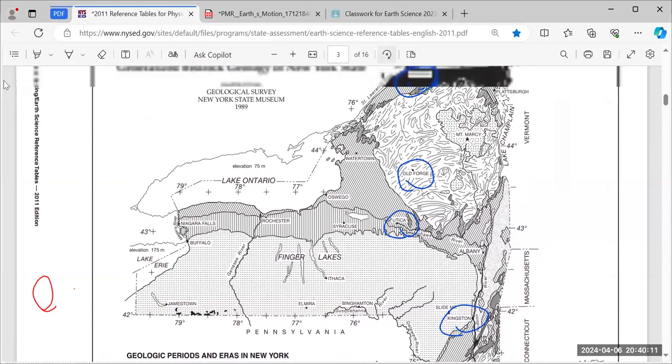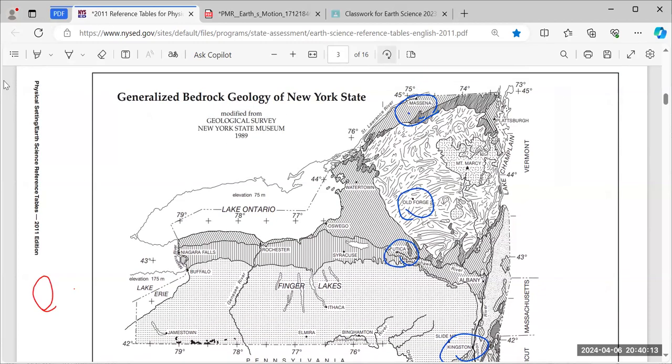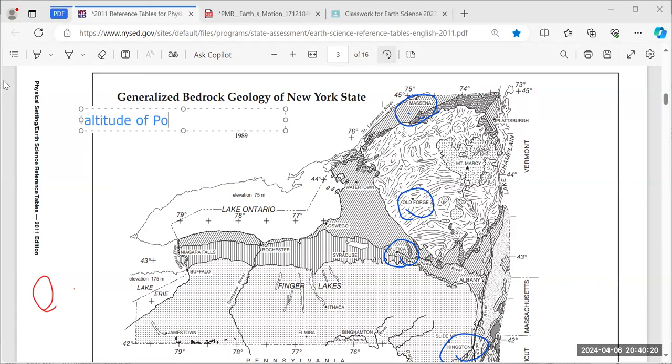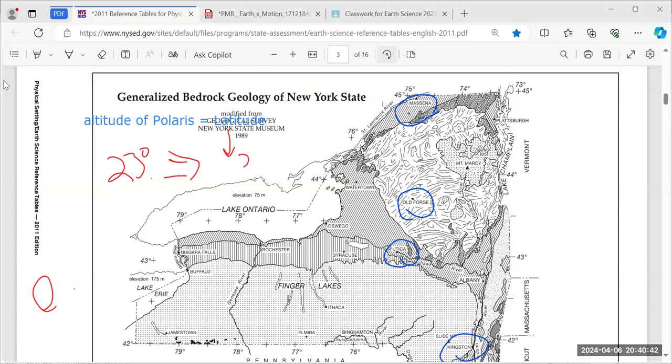So why is this important? Because one thing that we know is that the altitude of Polaris is equal to your latitude. So if I find Polaris, wherever I'm located, at a 23-degree angle, then my latitude is also 23 degrees north.